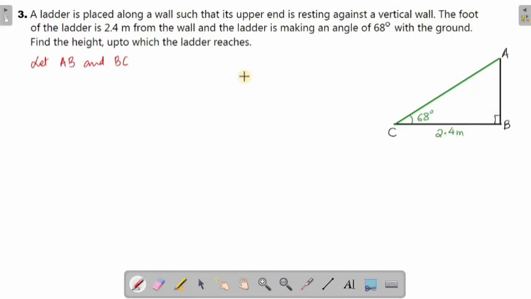So let AB and BC represent, now what does AB represent? AB represents the height of the wall where the ladder touches.